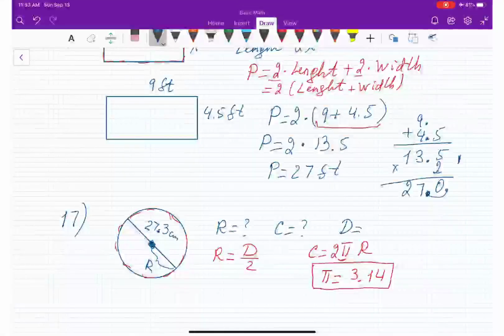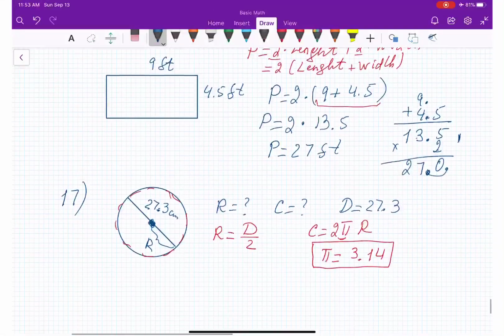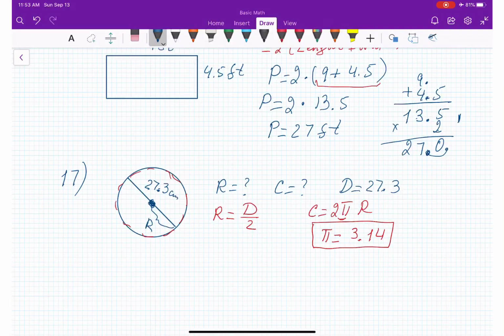Diameter is the line that goes through the center of the circle. Since we have the diameter, we can easily find the radius. Radius is going to be equal to 27.3 divided by 2.